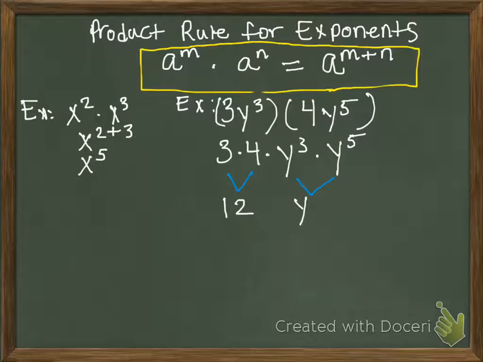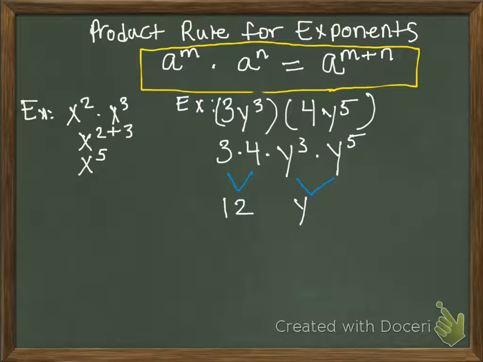So let's do a couple of examples. Example 1, x squared times x to the third would be equal to x to the 2 plus 3, which is equal to x to the 5th. Now, the second example is 3 times y to the third times 4y to the 5th.